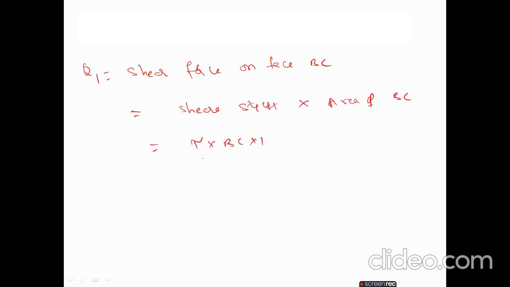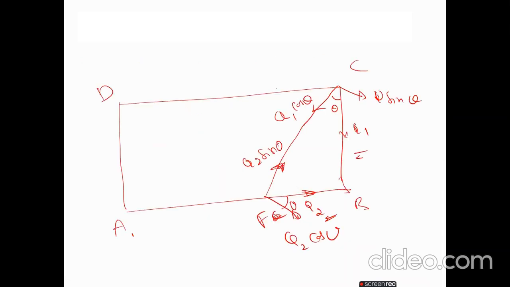Now what is Q1 and what is Q2? I will write clearly. Q1 equal to the shear force on face BC, that means shear stress into area of BC, that is tau into BC into 1. The stress is tau and the area is length into unit thickness. The length is BC, unit thickness is 1. So Q1 equal to tau into BC.